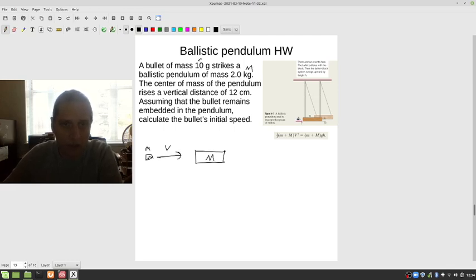So this is little m, that's big M. And it says the center of mass of the pendulum rises a vertical distance of 12 centimeters. Okay, so here, after this is all together, after that, you can start using energy conservation, and it goes up by some height of 0.12 meters.